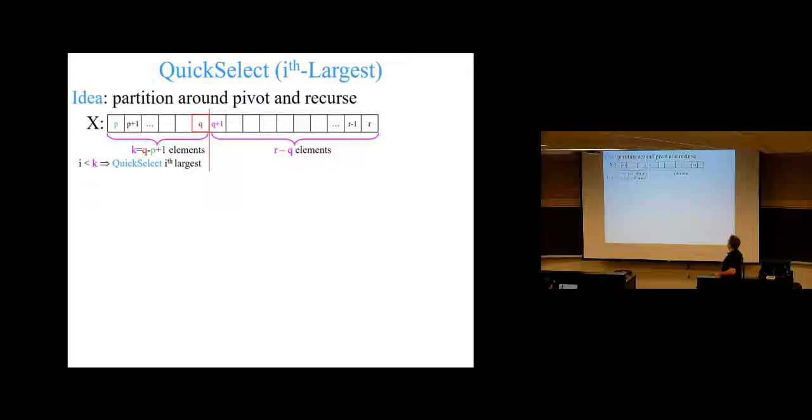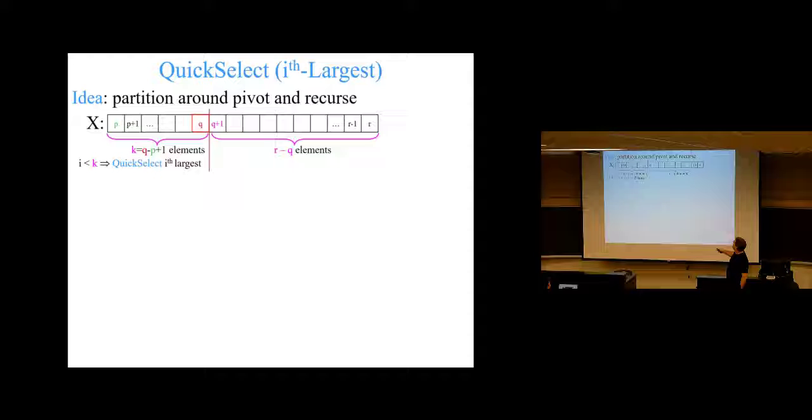So let's say the index of this pivot is k. The array goes from p to r. I deliberately don't do it from 1 to n because we're going to have to recurse on these pieces. So at the beginning, p is 1 and r is n. But later, as we recurse on smaller or arbitrary pieces of the array, p and r will be different values.